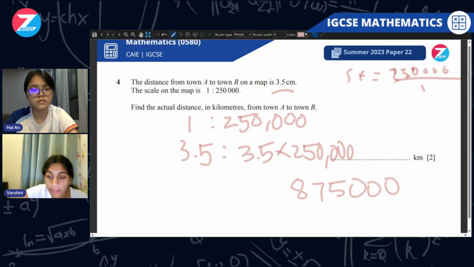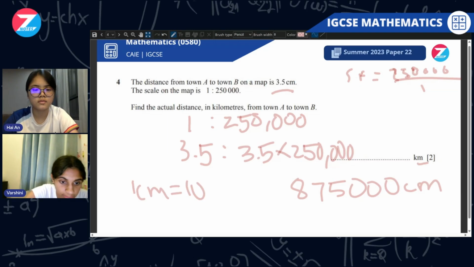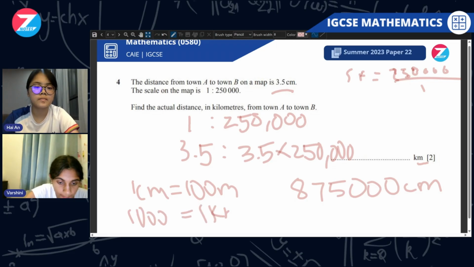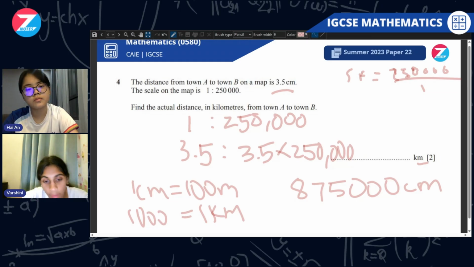875,000. But remember, this is in centimeters and we want to make it kilometers. We know that 1 meter equals 100 centimeters and 1,000 meters equals 1 kilometer. So to convert centimeters to kilometers, it's going to be 100 times 1,000.